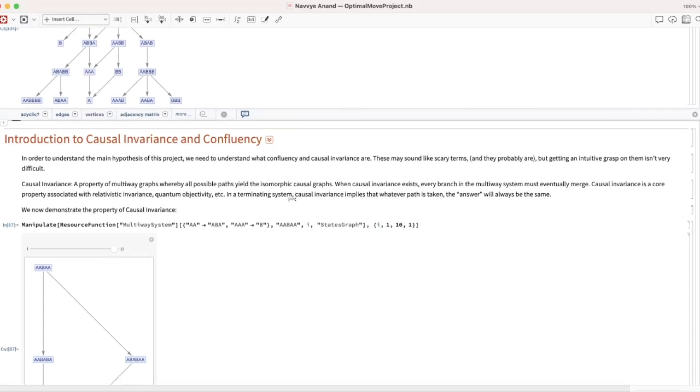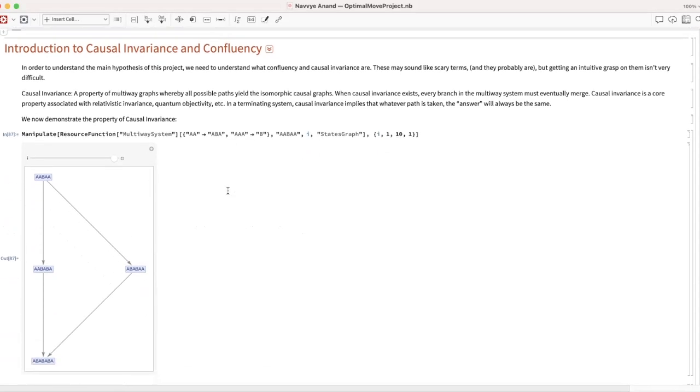Essentially, when causal invariance exists, every branch in the multi-way system must eventually merge together. And causal invariance is a core property associated with relativistic invariance and some other physics project things, which I'm not too sure about, but it's just cool to see how you could relate causal invariance to physics.